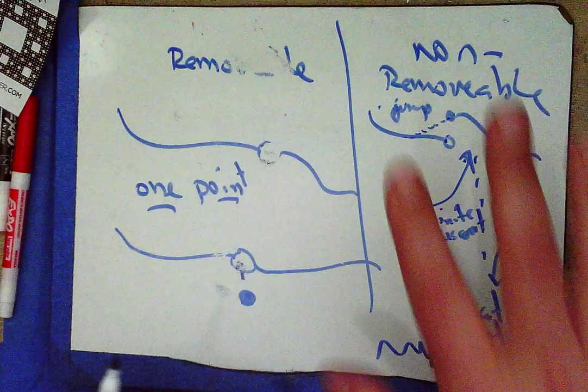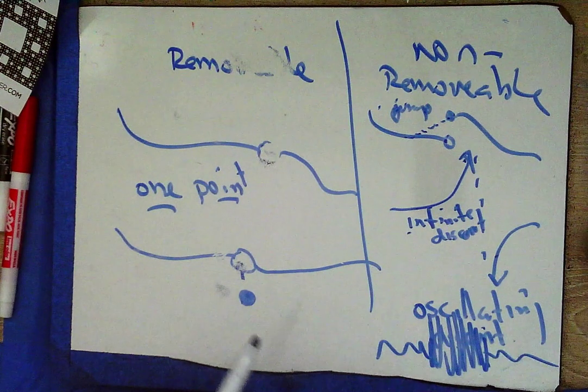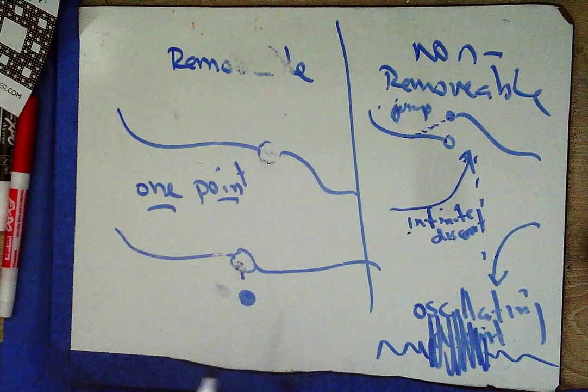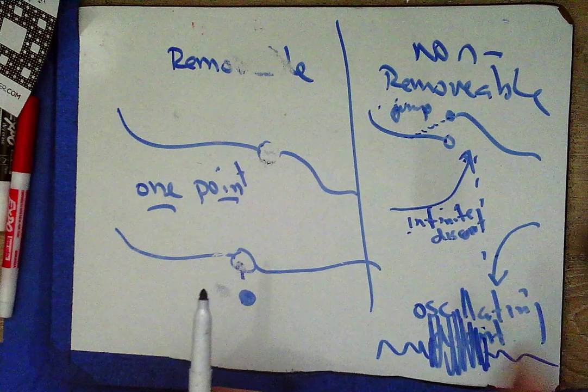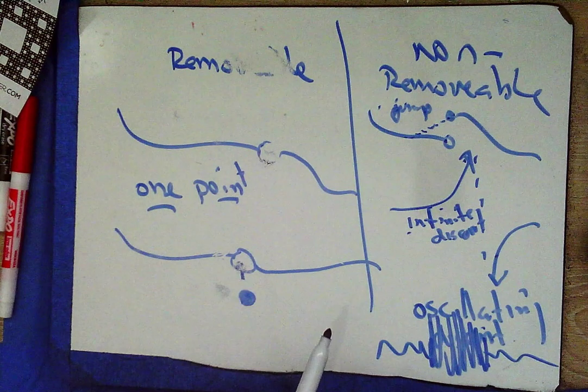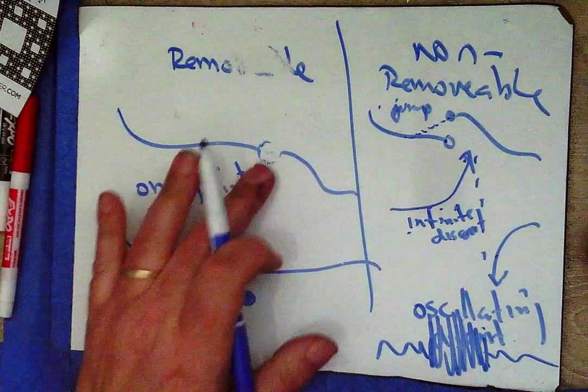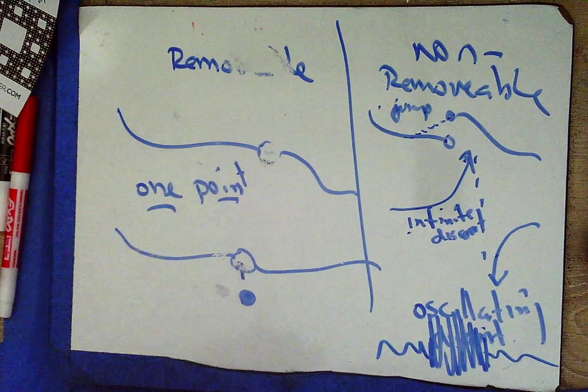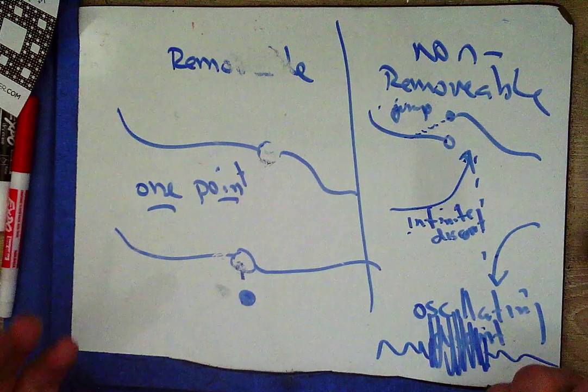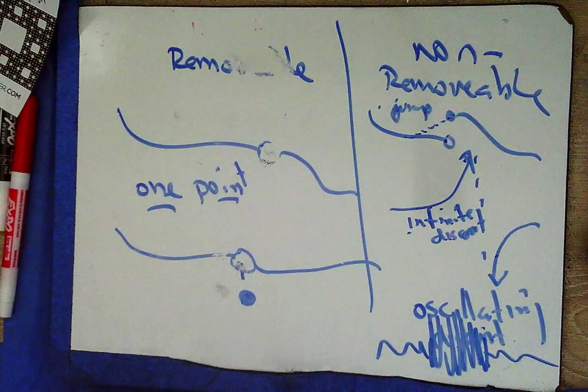So non-removable discontinuities, we have no possible hope of fixing, whereas these removable ones, well, there's only one point, and if I defined that point differently, we could be continuous. So that's going to be the focus of our next video, finding continuous extensions for removable discontinuities.